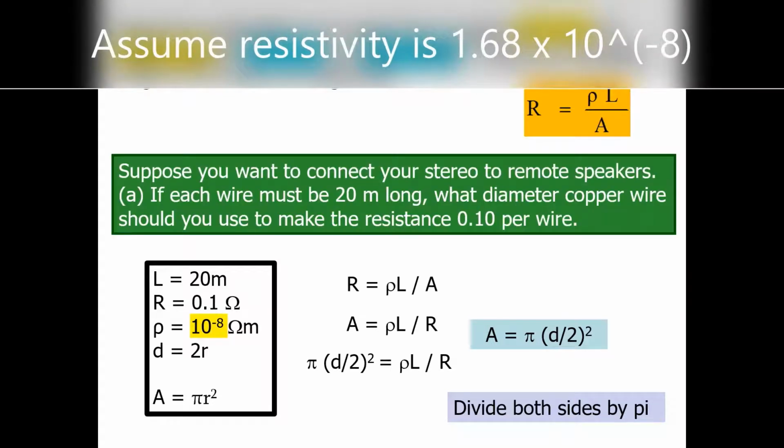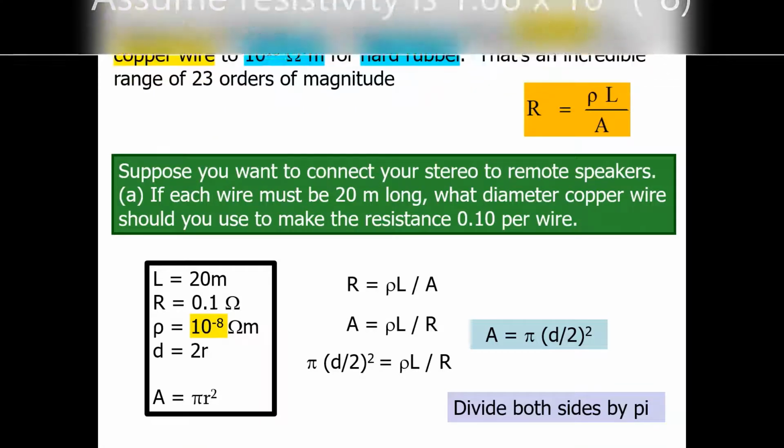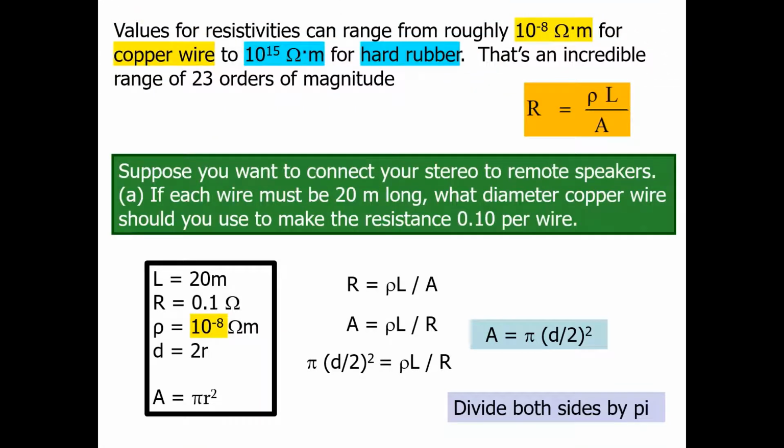Alright, so the question is, suppose you want to connect your stereo to remote speakers. If each wire must be 20 meters long, what diameter copper wire should you use to make the resistance 0.10 ohms per wire? Okay, so let's have a look at the equation. R is equal to rho L divided by A, and I've put the quantities in the left hand side of the box.